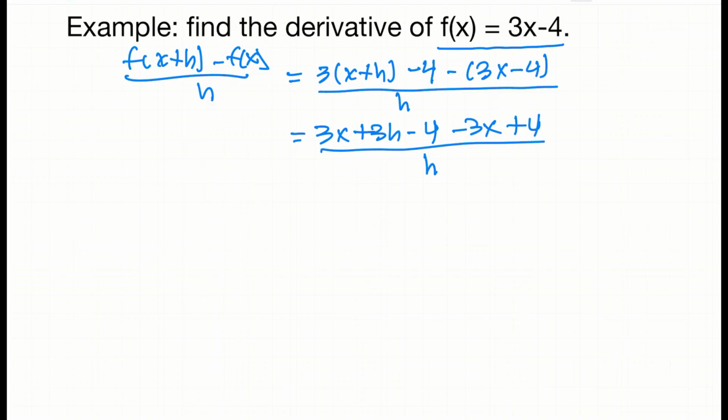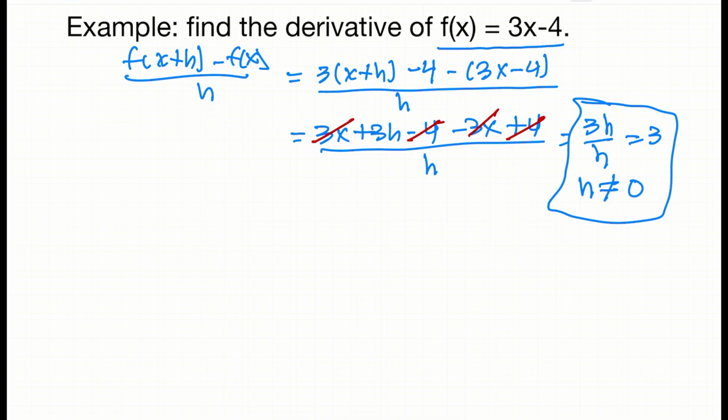Let's see what falls out. So that cancels itself, that cancels out, that cancels out. So what we're going to be left with is 3h over h, which is just equal to 3. But we've got to caveat that with h cannot be equal to 0 because this thing would blow up. So it's going to be just a constant.